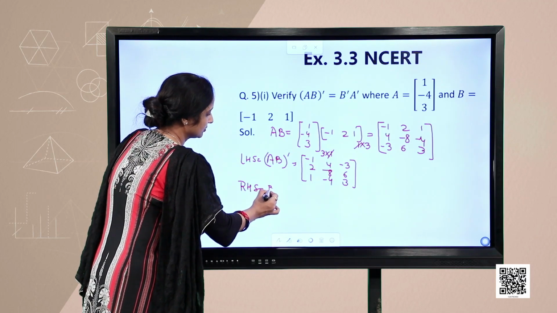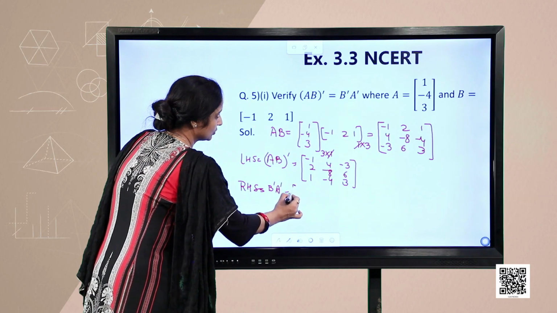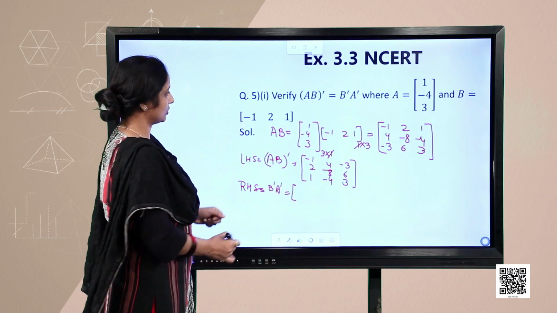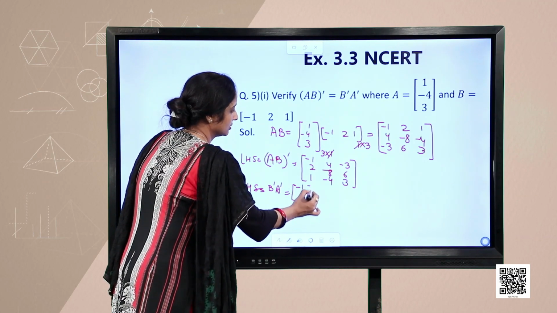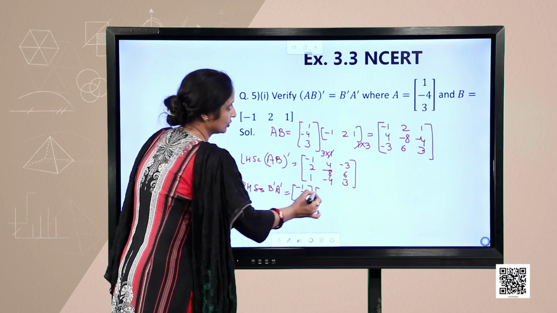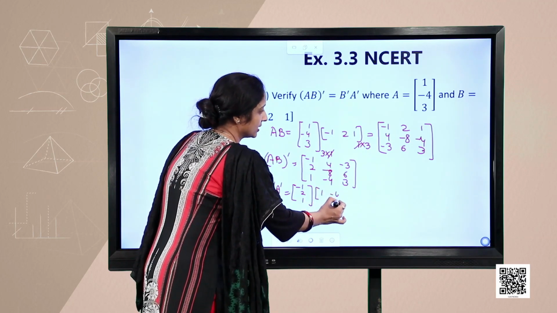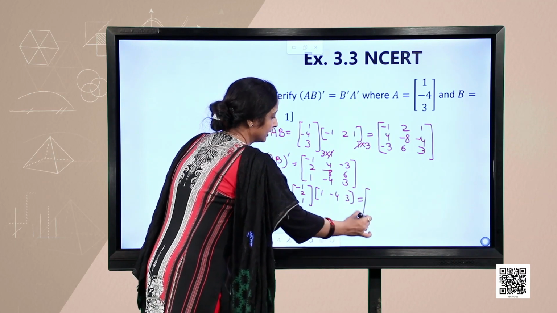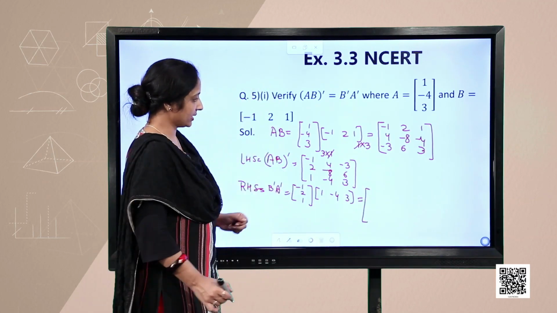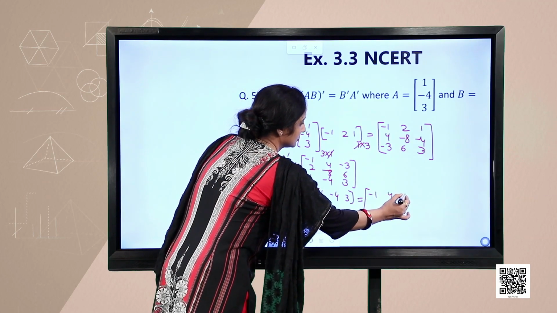B transpose A transpose. So, B transpose is the column matrix minus 1, 2, 1. A transpose is a row matrix consisting of a single row 1, minus 4, 3. When you multiply them, minus 1 into minus 1, you are going to get this matrix.